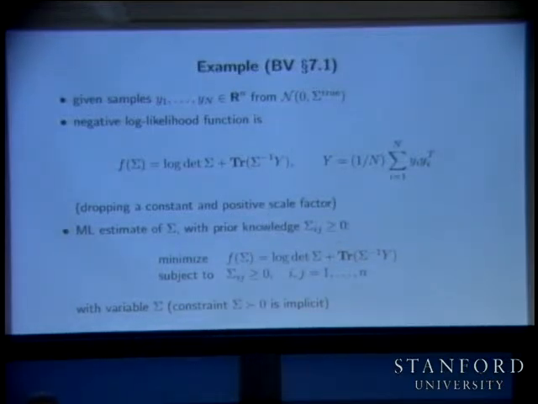You're welcome to this, a change of variable. So if you look at sigma inverse as the variable, call that matrix R, this is trace RY. That's linear in R. This is log det R inverse. That's convex. Everybody got this?